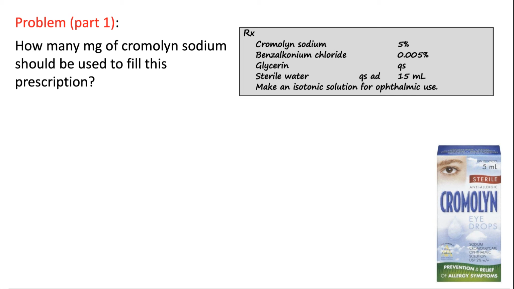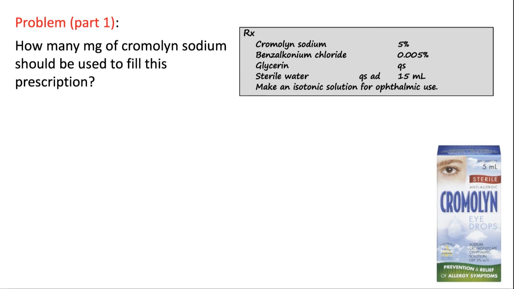So it starts off with this prescription, and the prescription calls for cromolyn sodium, which is something used for allergies. It helps reduce histamine release from the mast cells, so it helps with red eyes and itchy eyes. So we're going to use cromolyn sodium at a concentration of 5%. We're also going to add benzalkonium chloride at a concentration of 0.005%.